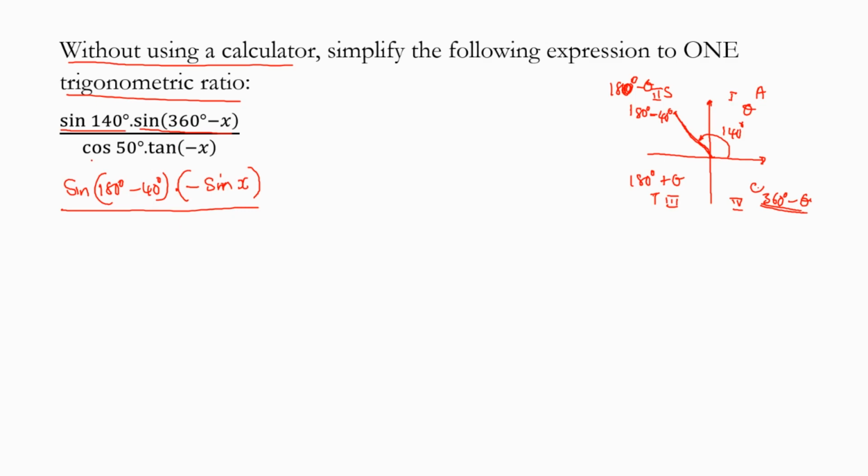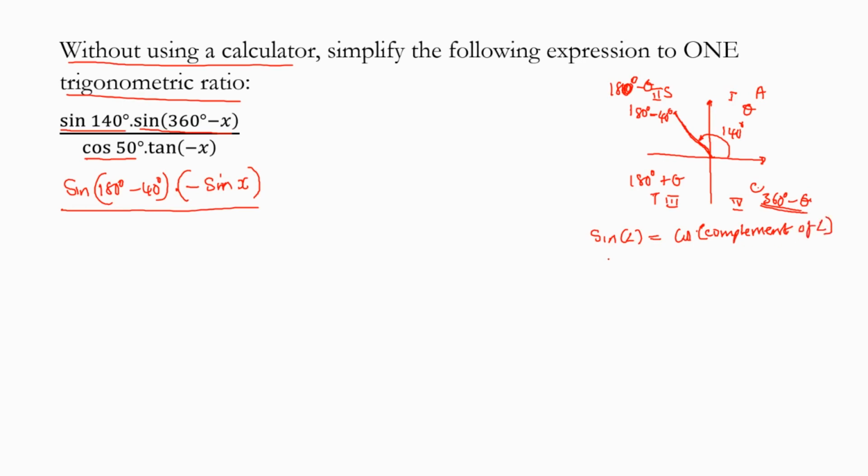Let's come to the denominator. Let's look at cos 50. If we check here at the top, we have 40 degrees, and remember that sine of angle is equal to cos of the complement of angle. Remember complementary angles.